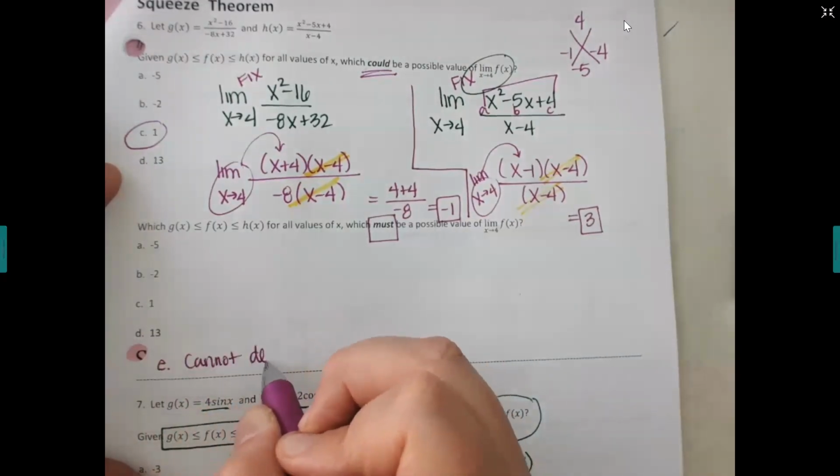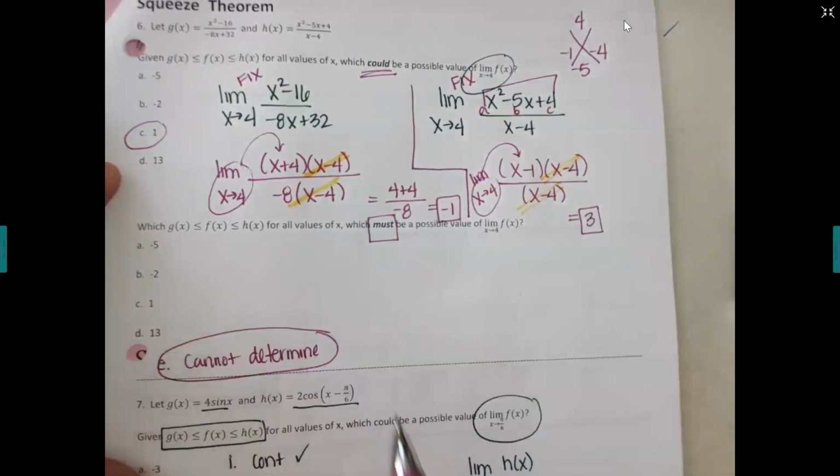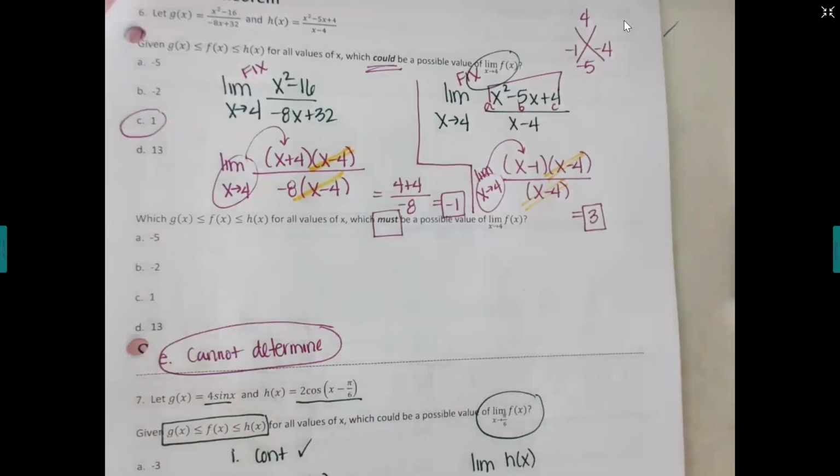The only way that you know the answer is if they come out the same. So if I get -1 and 3, I know it's somewhere between there, but I can't tell you the number unless they both match each other. So if they were both 3, I would know the answer is 3. But if they come out to be a range of numbers, it could be any number in the middle, essentially.